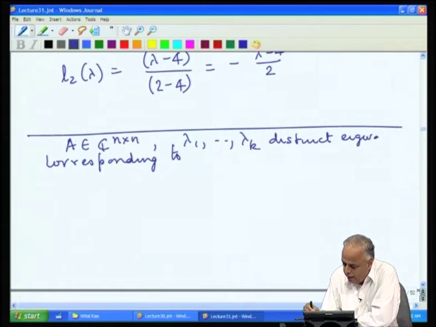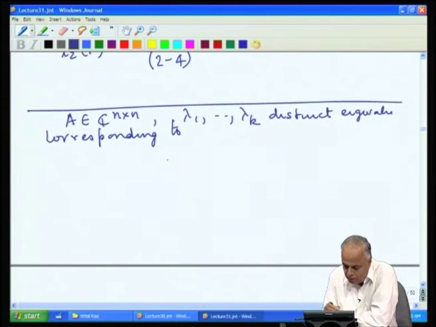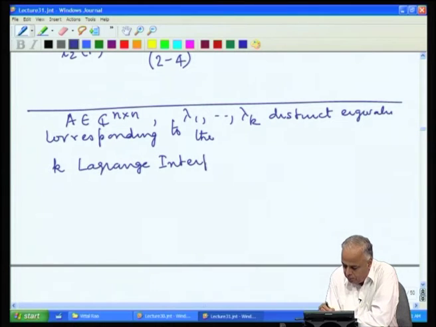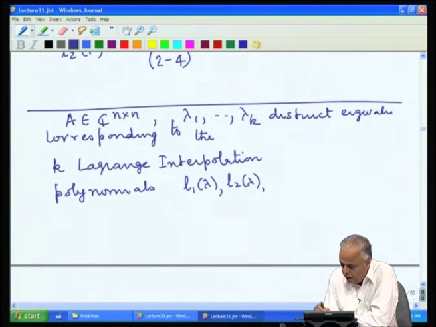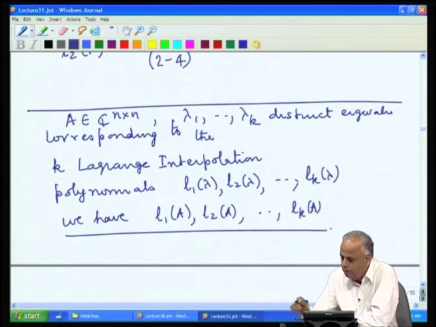Once I have k distinct eigenvalues, we have k Lagrange interpolation polynomials. What are they? L1 lambda, L2 lambda, etcetera, Lk lambda. We have the corresponding matrices L1 of A, L2 of A, etcetera, Lk of A. We will use these matrices.